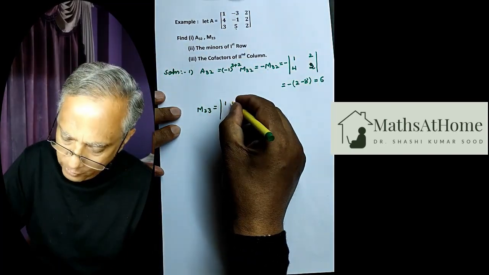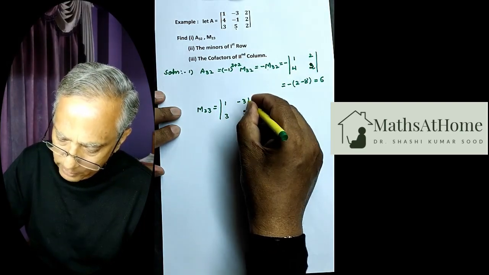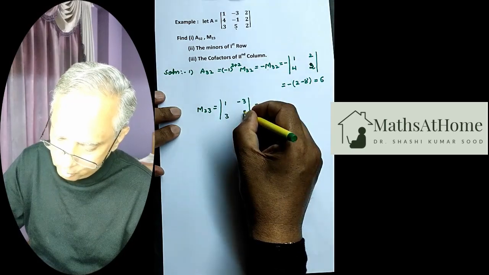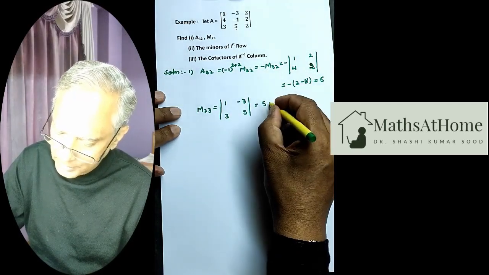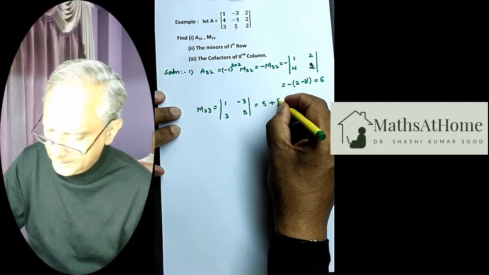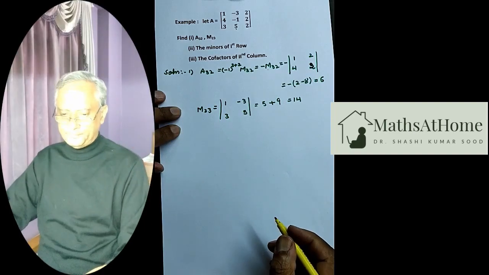This is equal to this into this minus this into this, that is 5 plus 9. So this will be equal to 14.